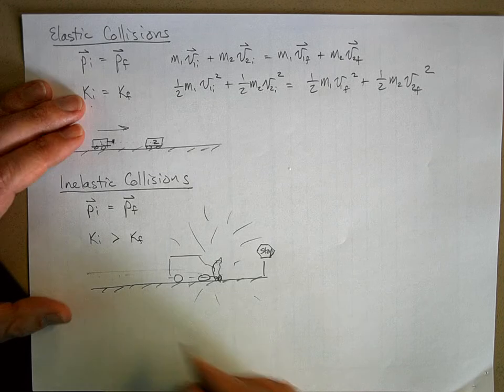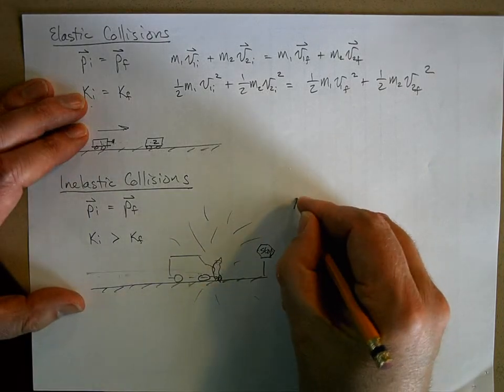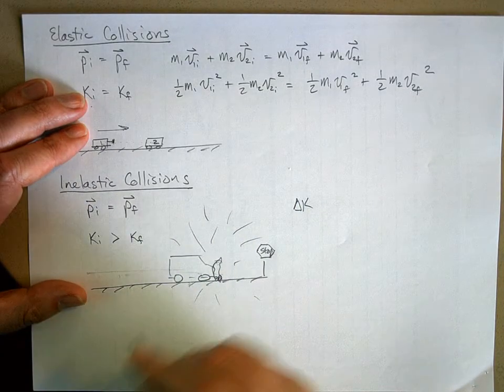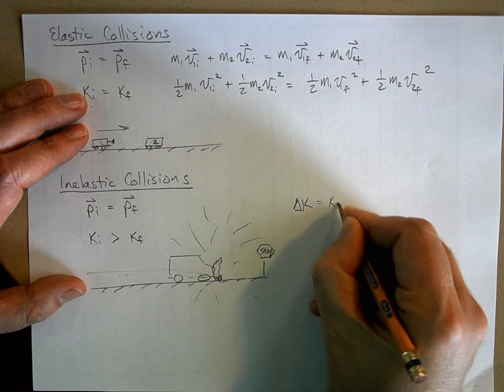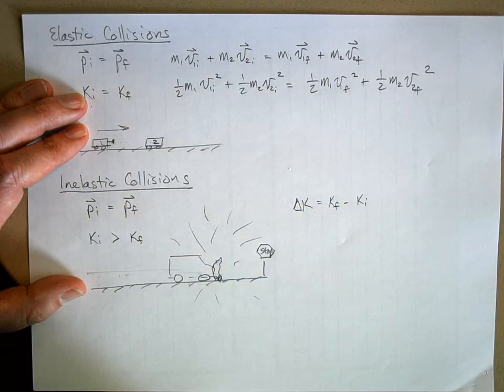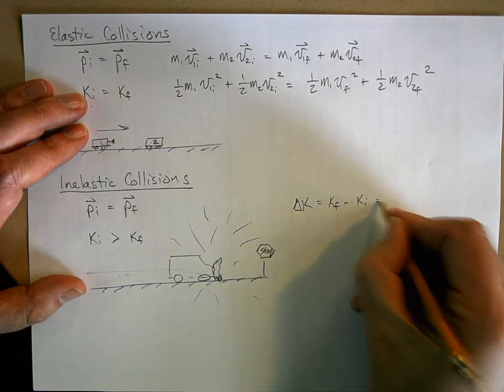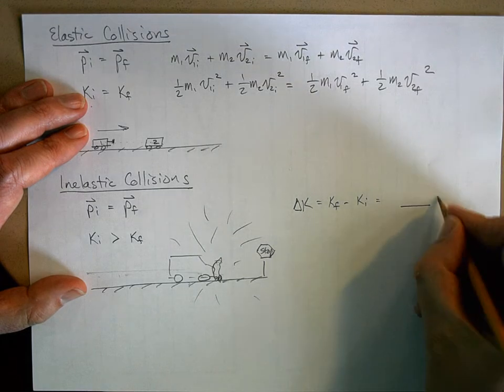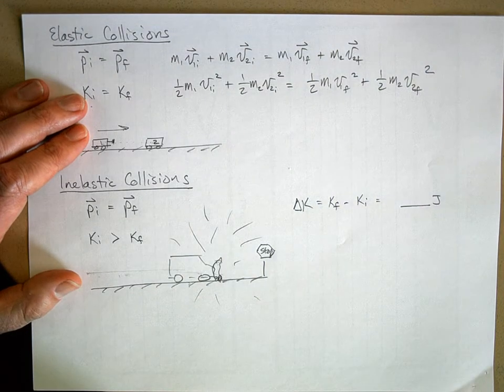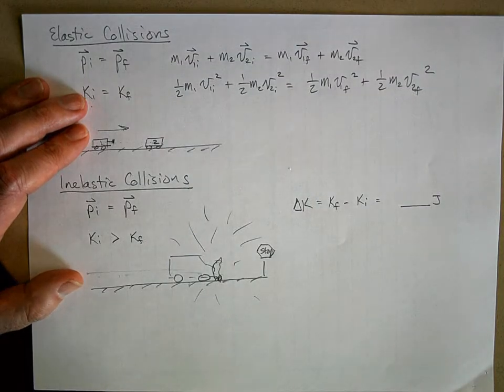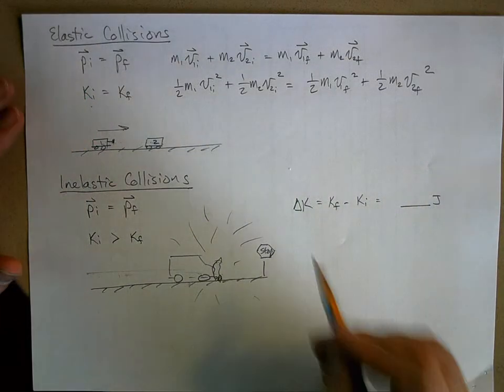So you would just go like this. You would say delta K, which is equal to K final minus K initial. Now, what do you think is going to be true about this value, in joules, if it's an inelastic collision? What's going to be true about delta K?